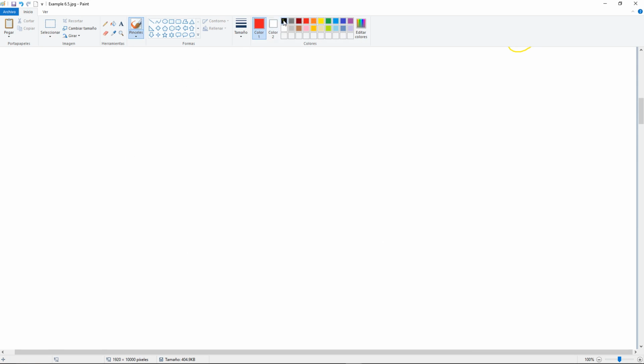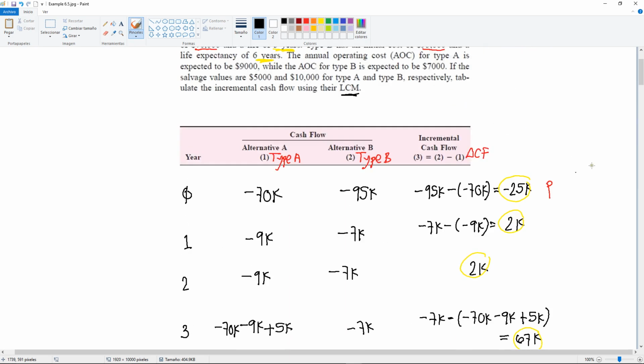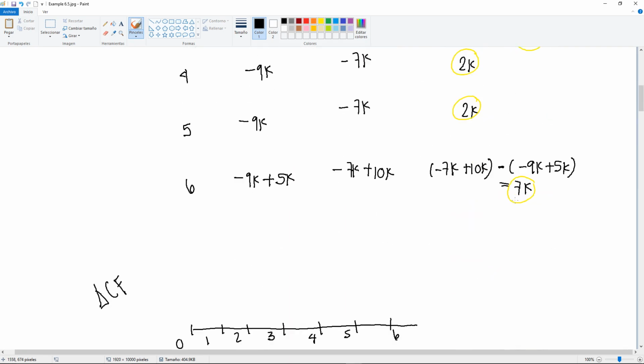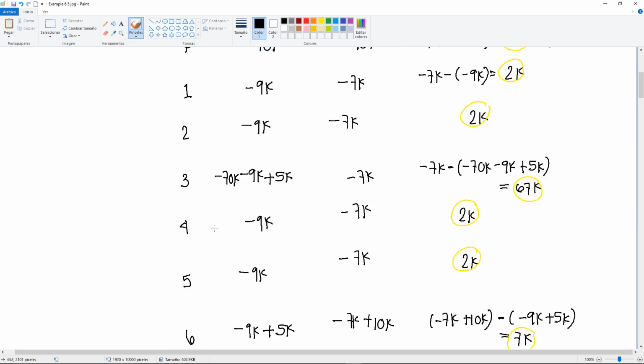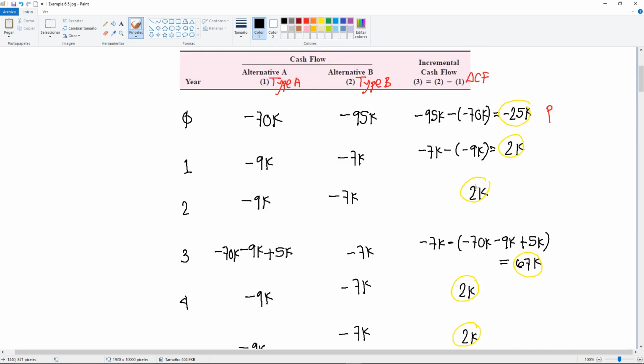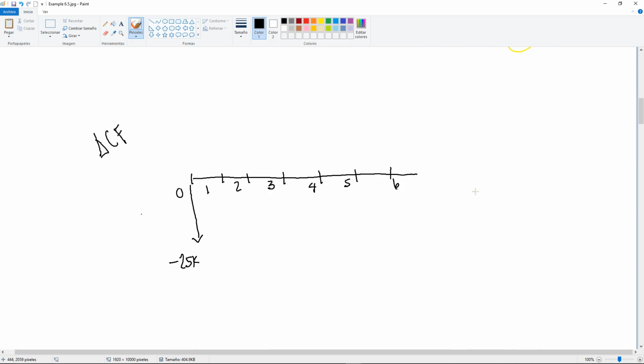So the incremental cash flow diagram, this is for 6 years. Okay, so we said year 0 we have minus 25,000. Then in years 1 and 2 we have 2,000.